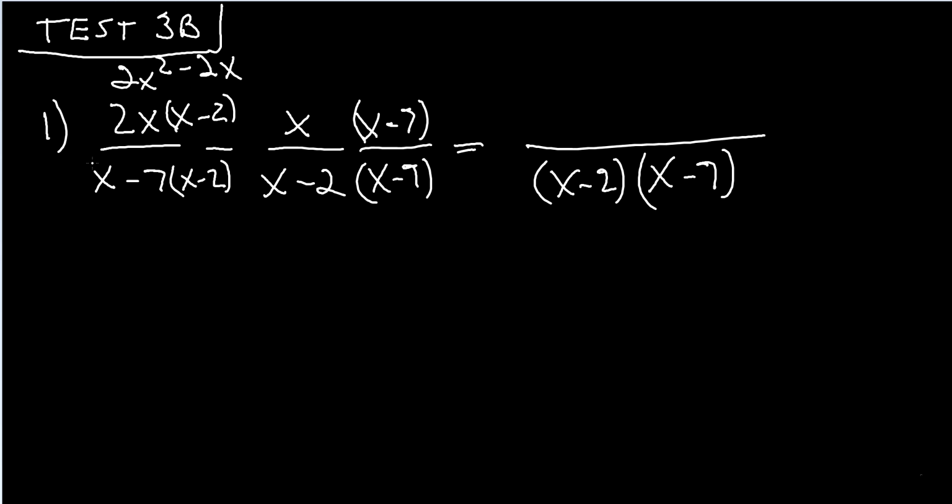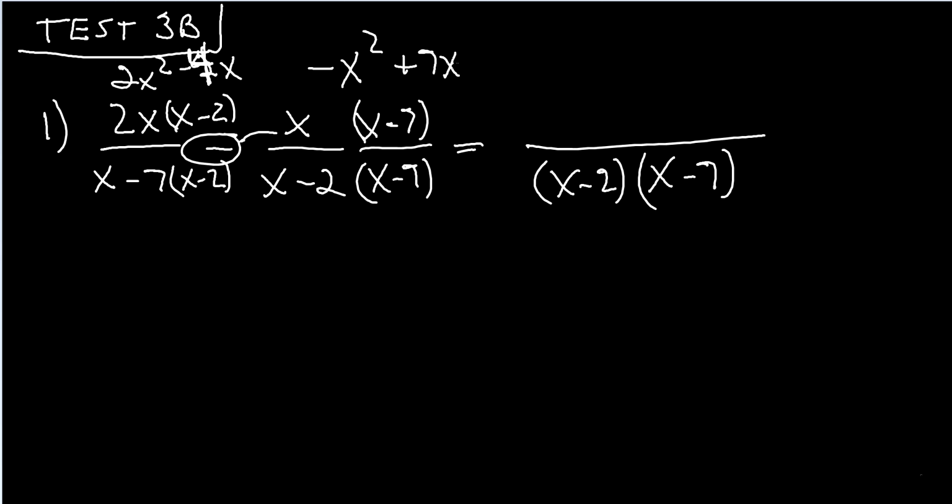Minus, is that right? 2x squared minus 4x. That's better. Then there's a minus sign here, so I'm going to use it for the negative x times x in the second fraction. That's going to give me negative x squared, and then negative x times negative 7 is positive 7x.